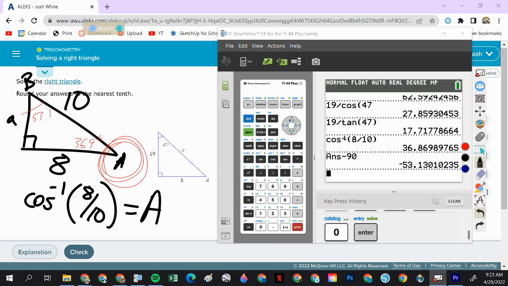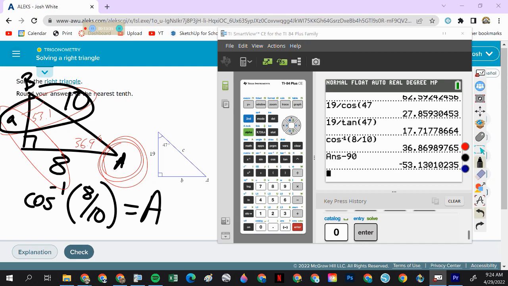Now, how do we find little a? Well, you could do the tangent, or you could do the sine using angle A, or you could do cosine using angle B, or tangent using angle B, or you could do the Pythagorean theorem.